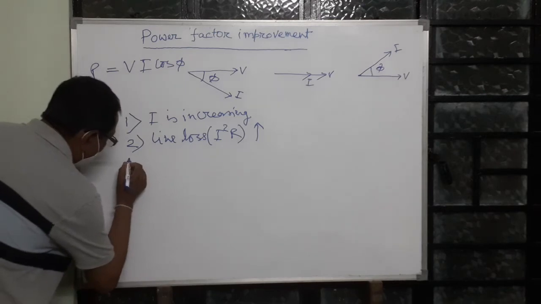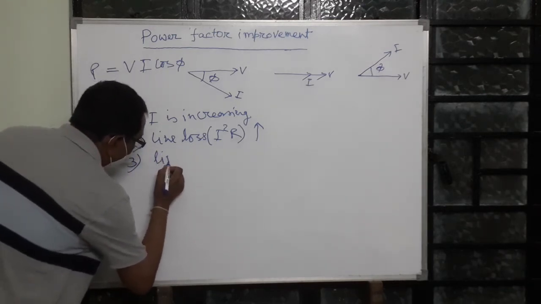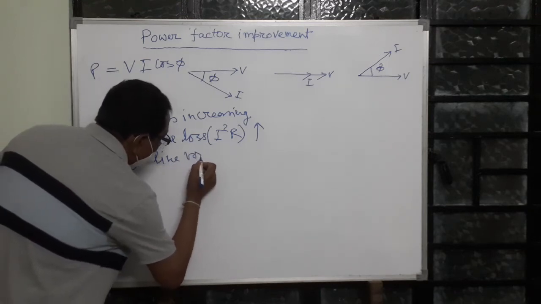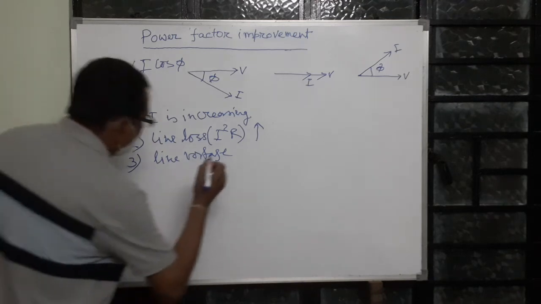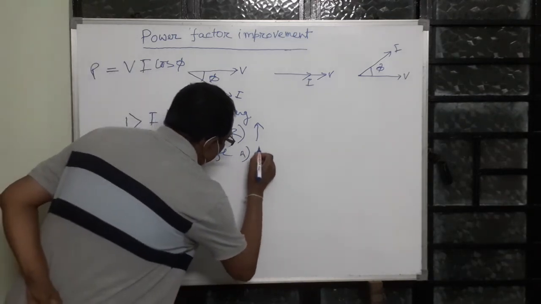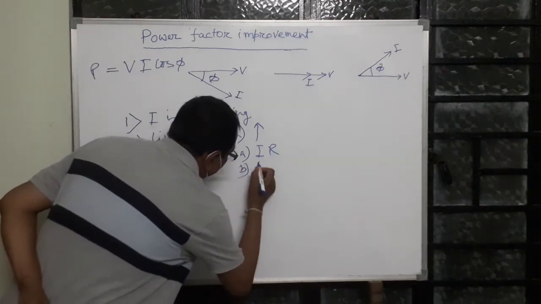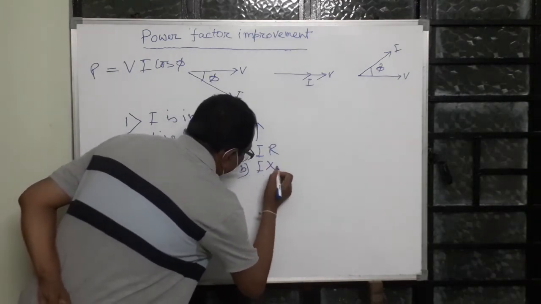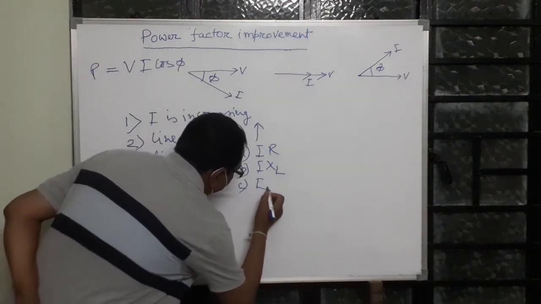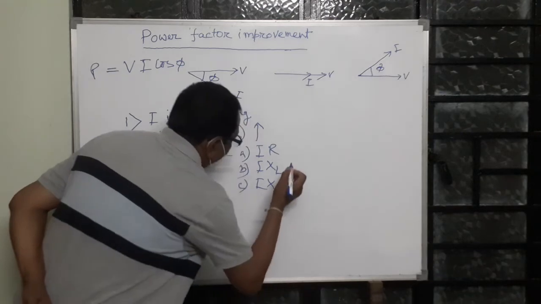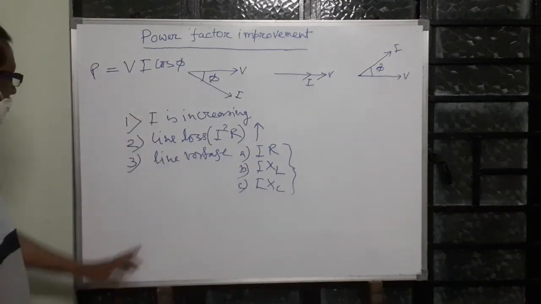Number 3 point, line drop, line voltage drop. Number A, IR drop, resistive drop. Number B, I into XL, inductive reactance drop. And number C, I into XC, the capacitive reactance drop. This also increases.